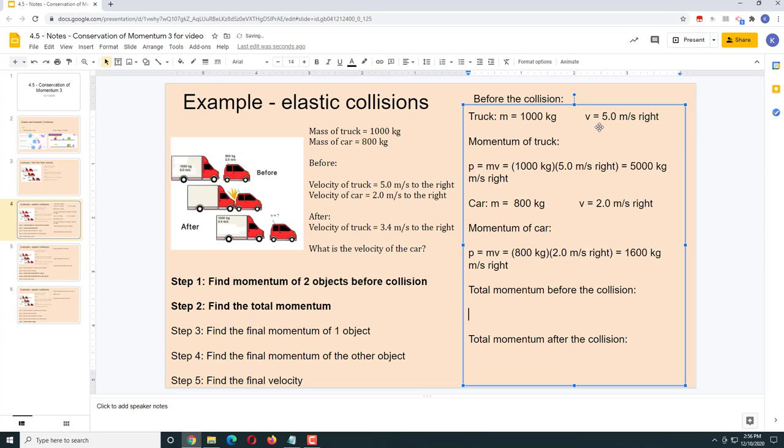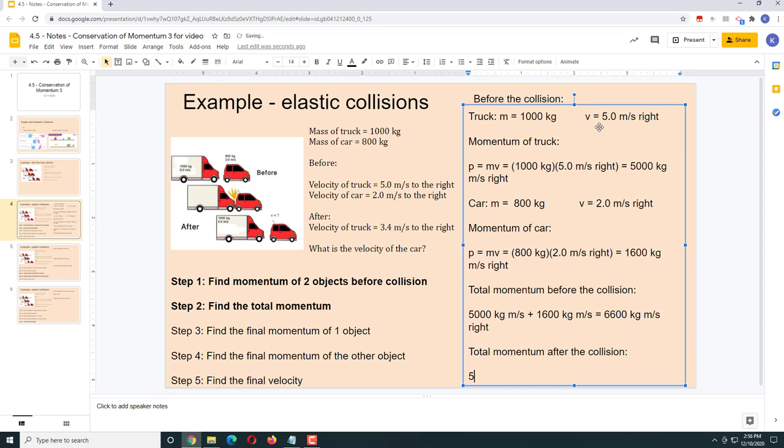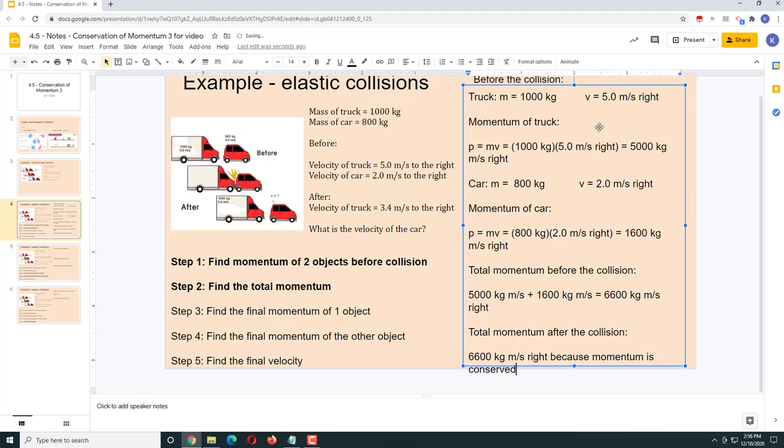So the total momentum is going to be, they're both going to the right, so we just add. 6,600 kilograms meters per second to the right. Momentum is conserved, so the final momentum has to also be 6,600 kilograms meters per second to the right, because momentum is conserved.